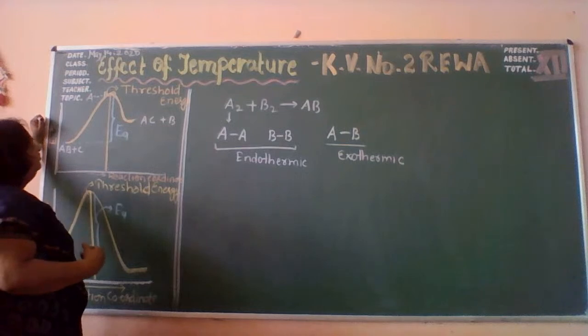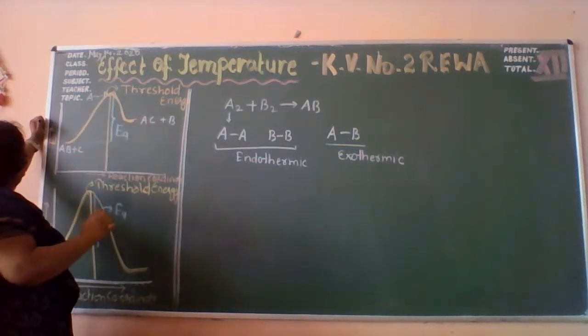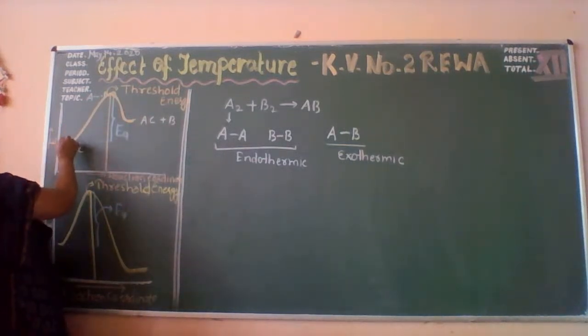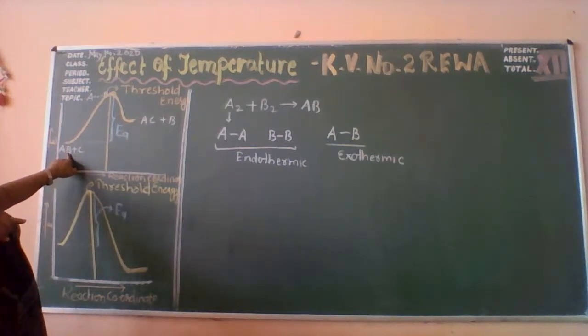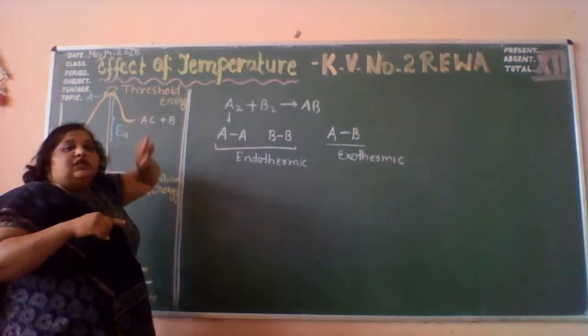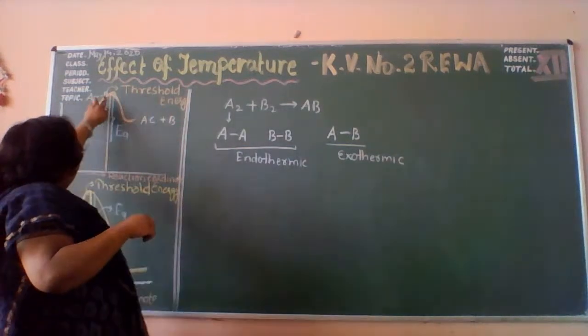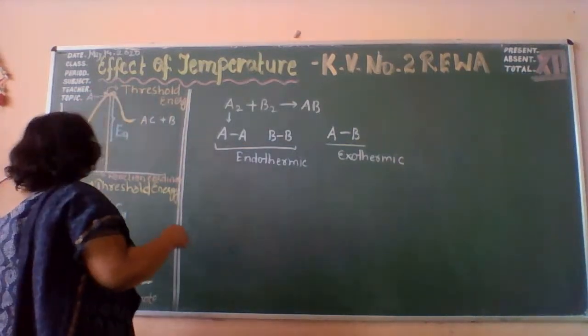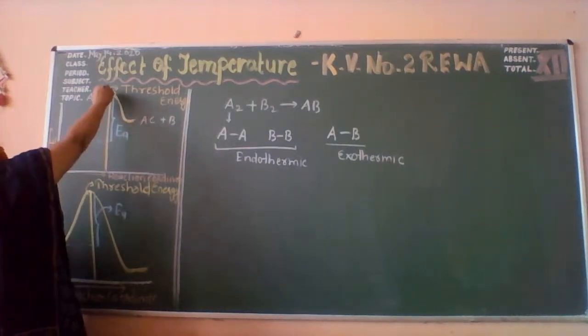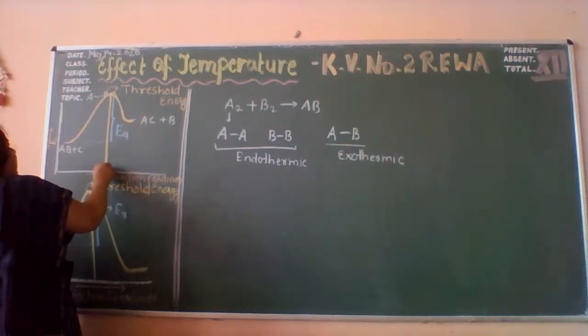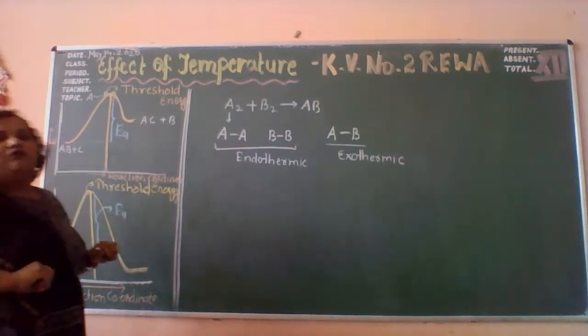Right? So here also, what you see is that AB, if it is a reactant, all of its molecules do not have the energy equal to cross this energy barrier. This is the minimum amount of energy that every molecule must have.